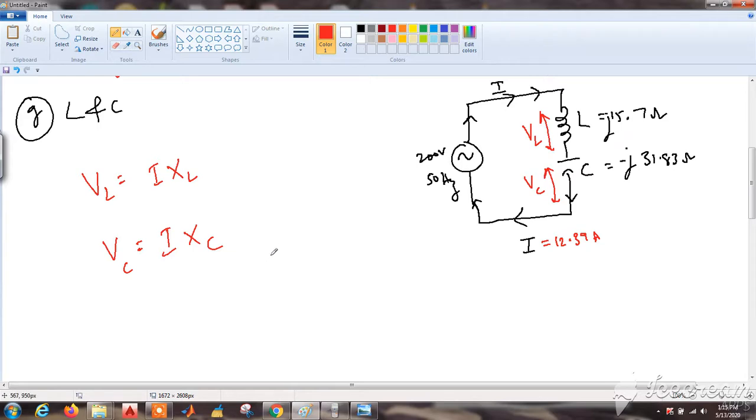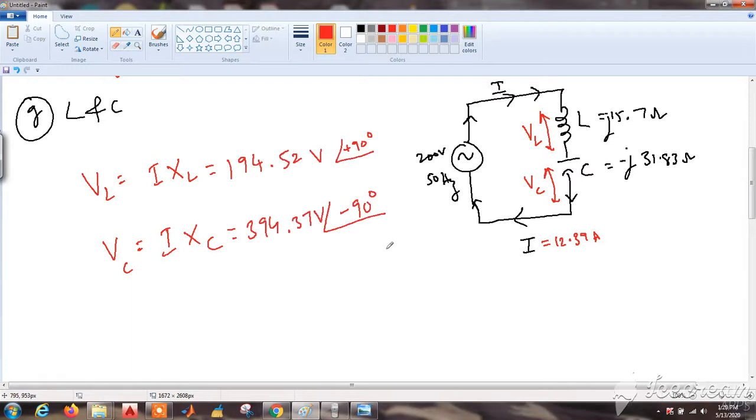When you calculate it, VL is equal to I into XL, that is 12.39 amperes into 15.7, you will get 194.52. Similarly, when you do I into XC, you will get 394.37.